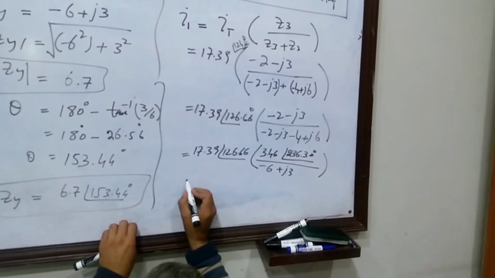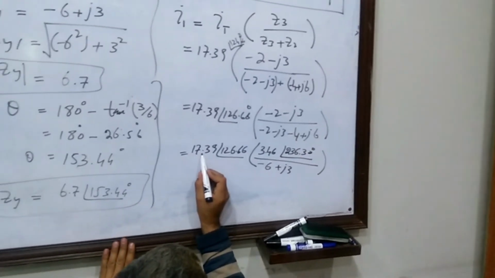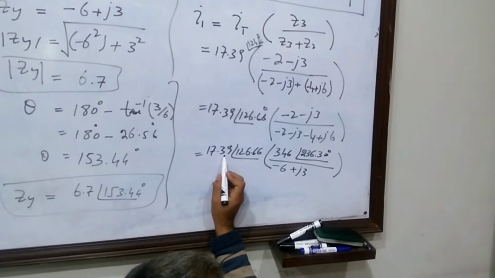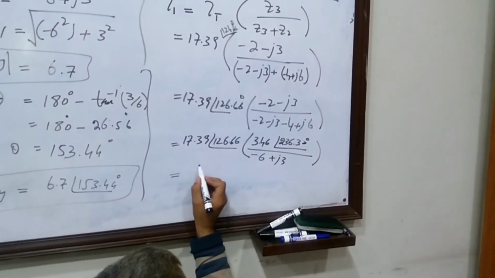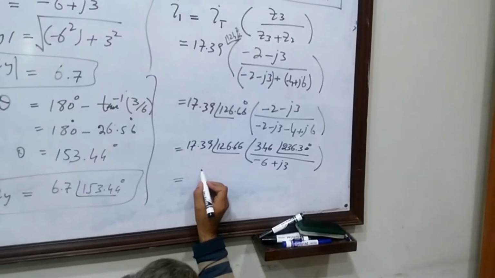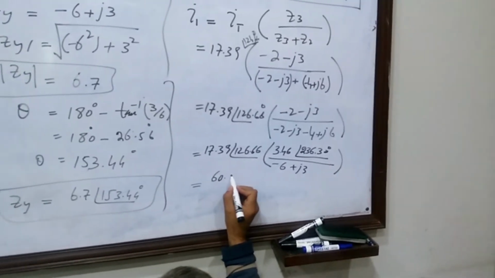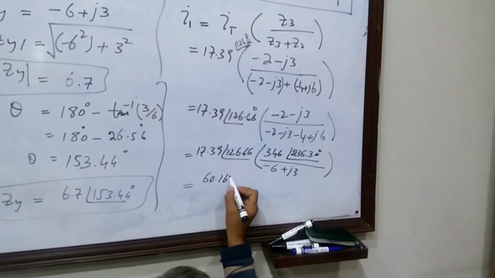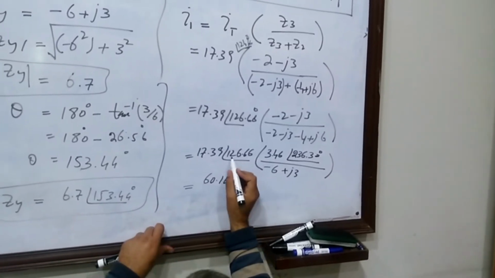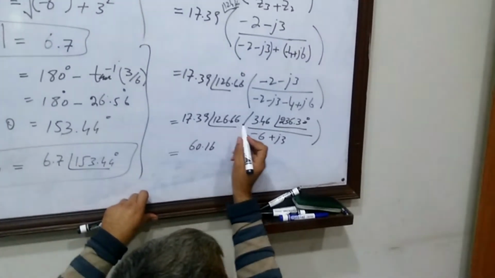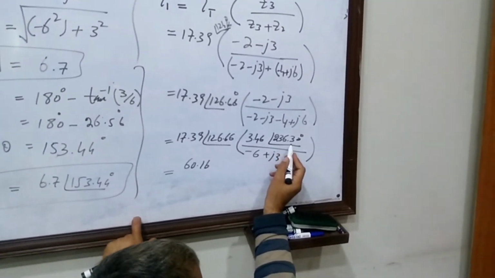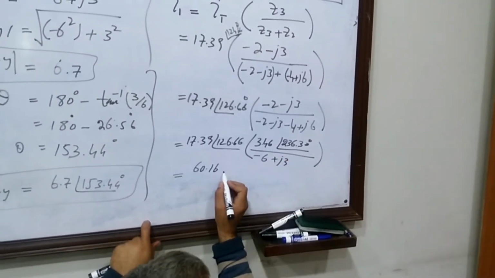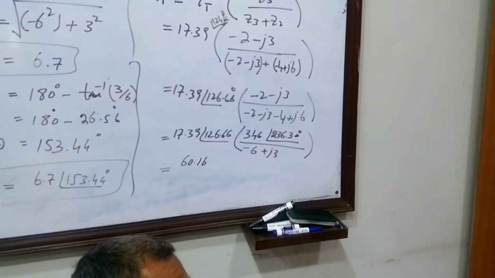So 17.39 into 3.46 is 60.16, and the angles 126.66 plus 236.3.